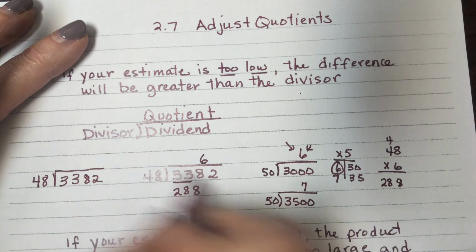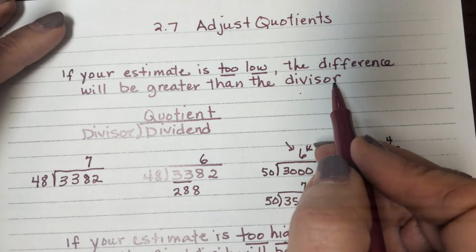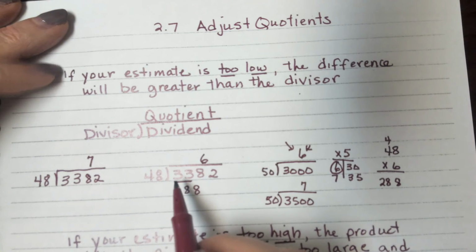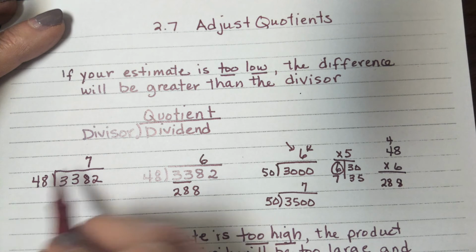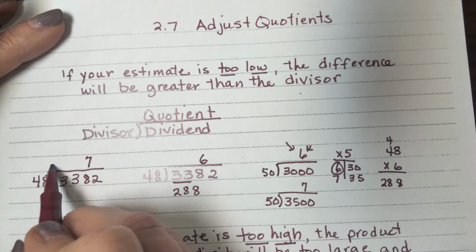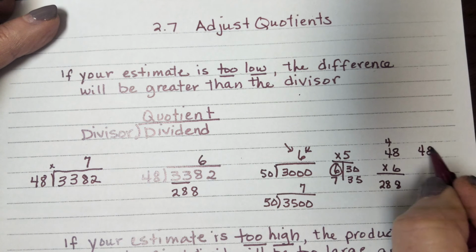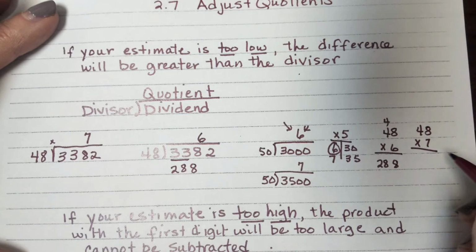Now, my first digit said 6 didn't work, so I'm going to up it because it was too low. It was greater than the divisor. So I'm not sure what that is. Some of you can make that leap just multiplying 7 times the 48. I'm still going to do it over here as scratch work. There's nothing wrong with you doing it that way. It's just the practicing with your facts.